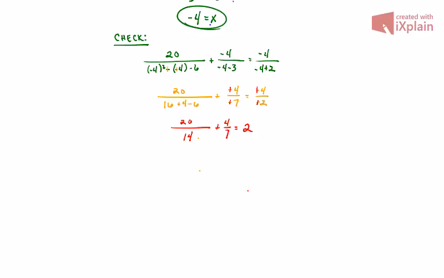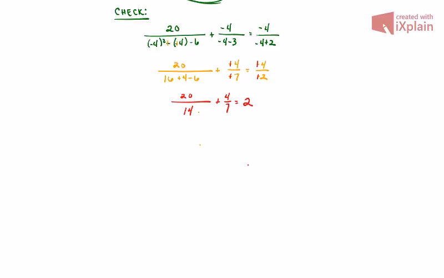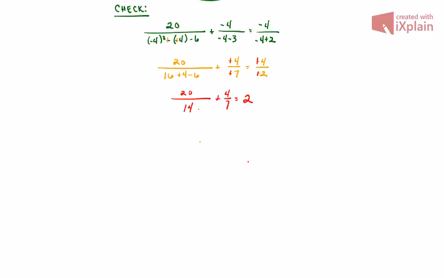Of course, I'm not done. Our check seems to actually be taking us a little bit longer than is expected, but you know, let's keep plugging away here. So 20 over 14, that's going to reduce. So I could reduce that down by 2, so that's going to give me 10/7 plus 4/7 is equal to 2, and well, does that work?